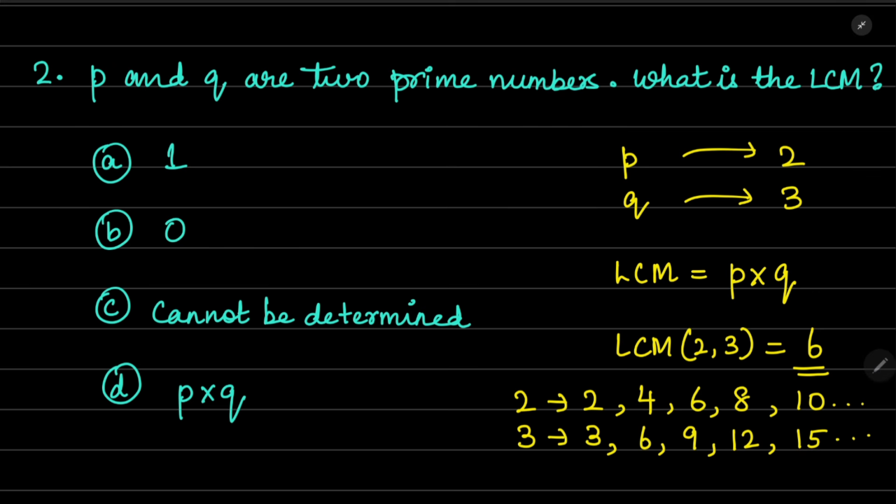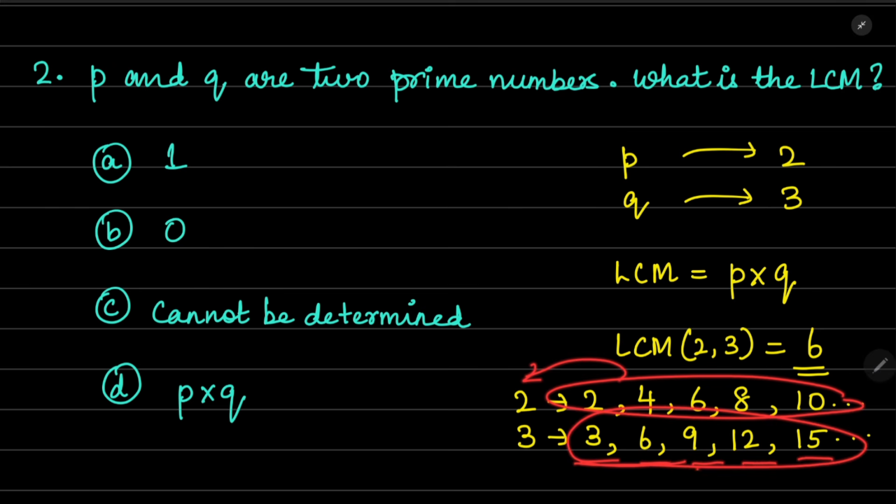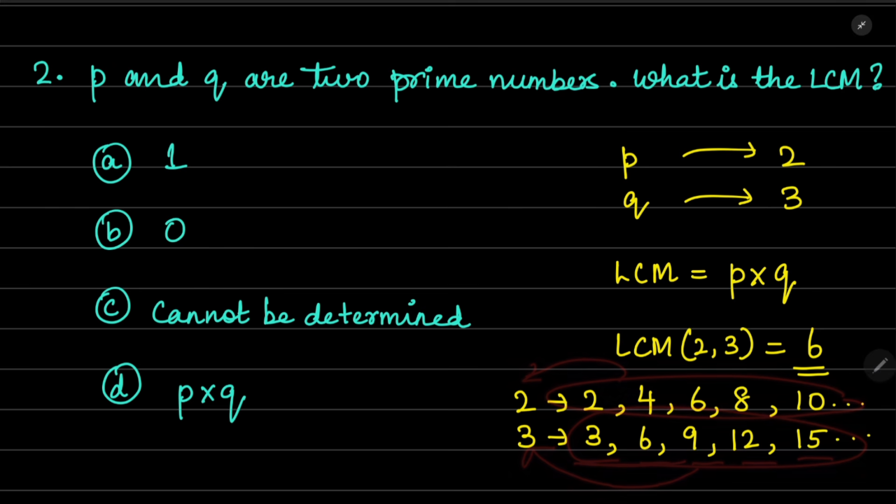These are all multiples. 2, 4, 6, 8, 10 are all multiples of 2, which means they can perfectly get divided by 2. And 3, 6, 9, 12, 15 can be perfectly divided by 3.